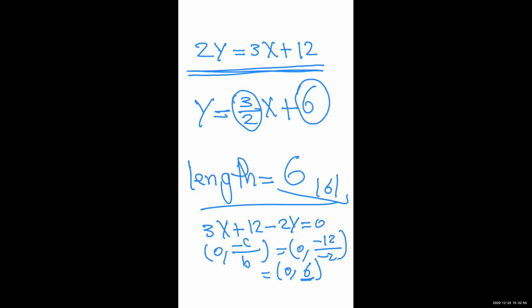It's the converse. We said that the straight line whose slope is m, for example, and which cuts the y-axis at the point (0, c), has its equation in this form: y equals the slope times x plus c, right?